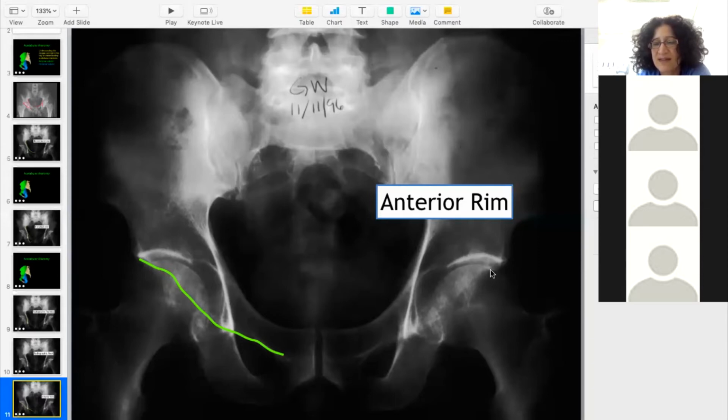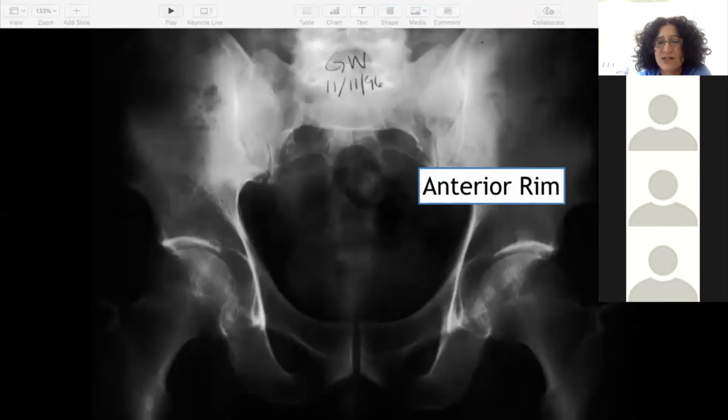So we think that is the anterior column, anterior wall, anterior lip, anterior rim. And posterior, if we run up the ischium here, see, it runs into that. So by starting outside the acetabulum and tracing that up, we can differentiate the anterior rim from the posterior rim.